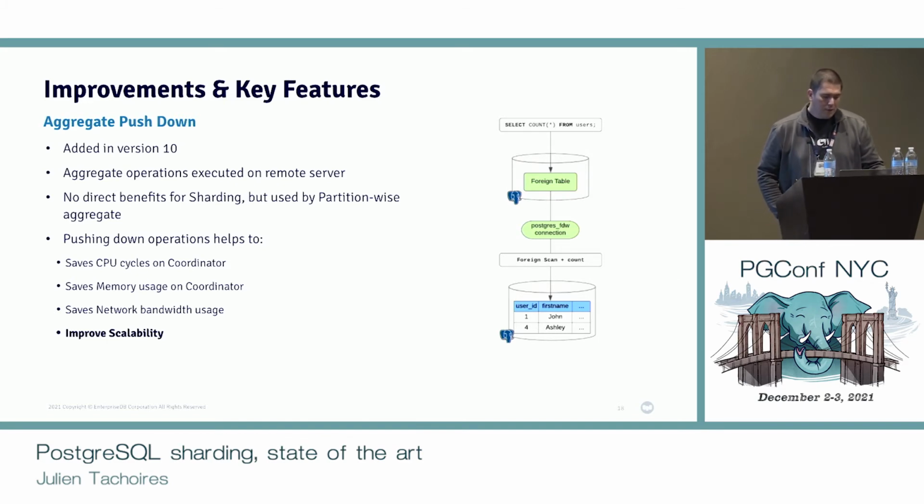Aggregate pushdown does not provide direct benefits for sharding, but this feature will be used by other more advanced techniques. In general, delegating operations to remote servers helps to save resources on the coordinator node, and it helps to reduce network overhead, and at the end, it improves global scalability of the system.